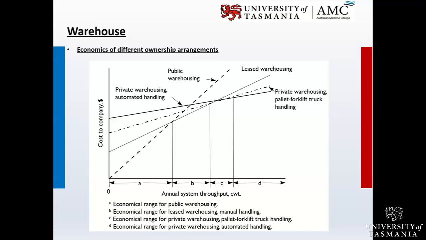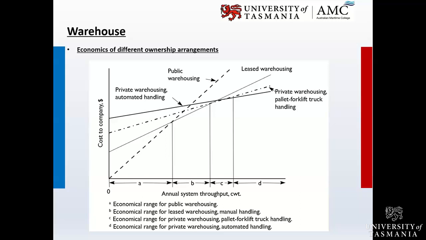So the horizontal axis shows the company's throughput, and the vertical axis shows the cost to company. And here there are 4 lines, each is for each ownership arrangement. Now we focus on the horizontal axis. We find it is divided into 4 different areas.